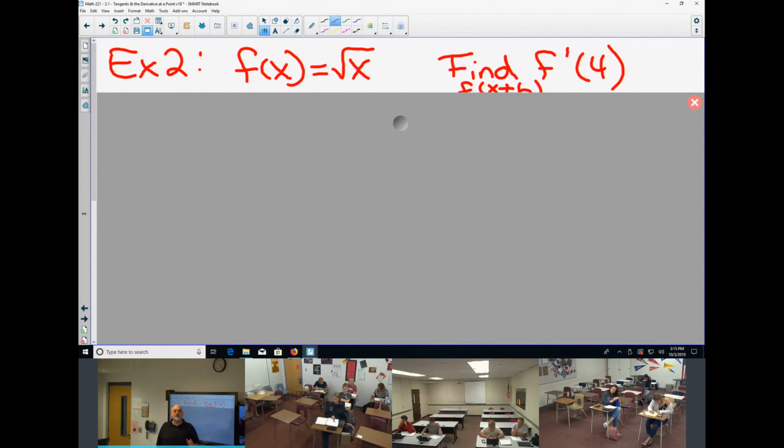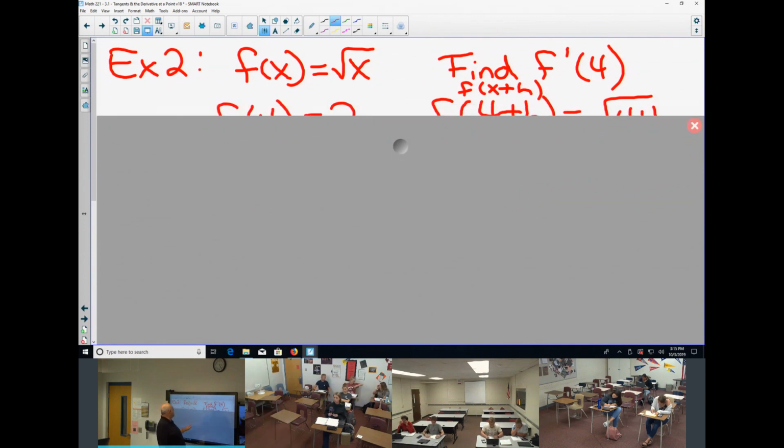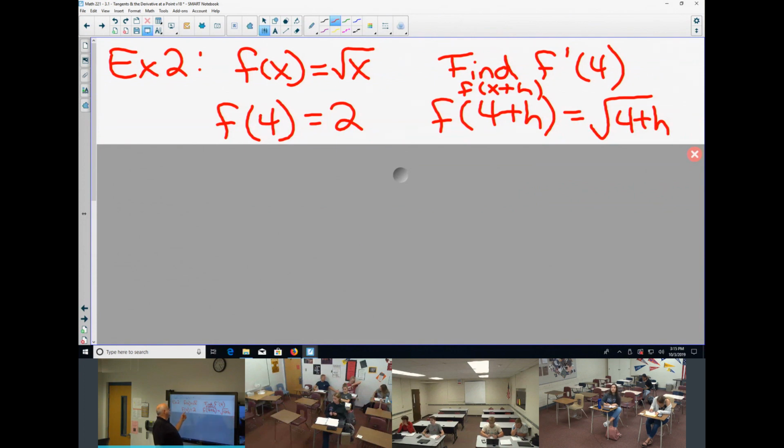So the slope of the tangent at x equals 4, or the derivative at 4. Okay, so instead of doing the f of x and the f of x plus h, I can do the f of 4, which is 2, and the f of 4 plus h. So I'm plugging in 4 for x. And so it makes it a little bit easier.